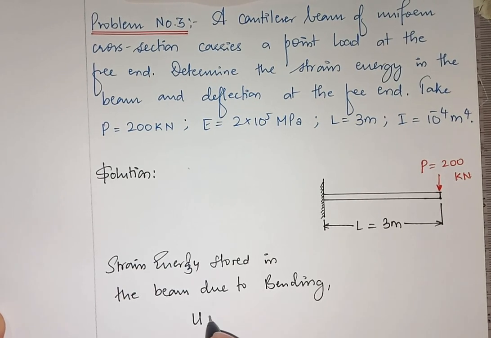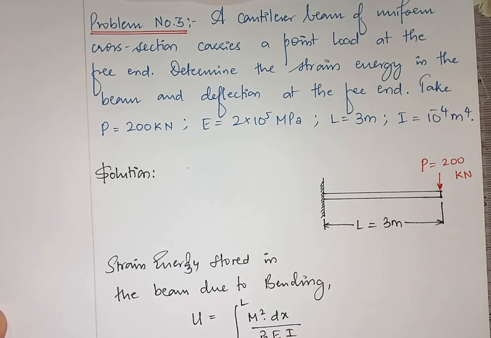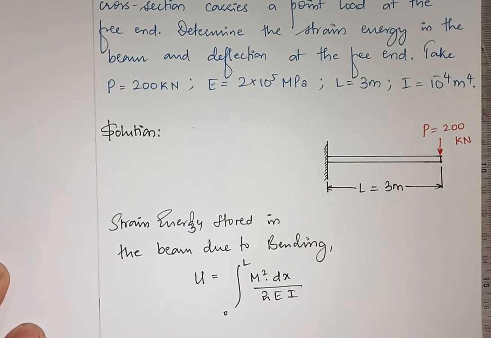So that is U is equal to integral of M square dx divided by 2 into EI. It is for the entire length 0 to L. So this all of us are aware of.